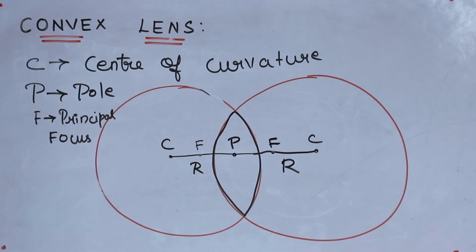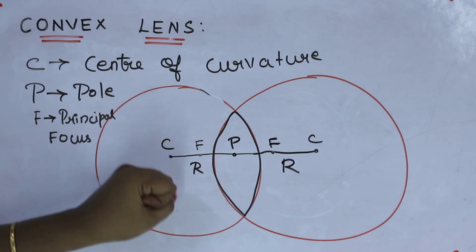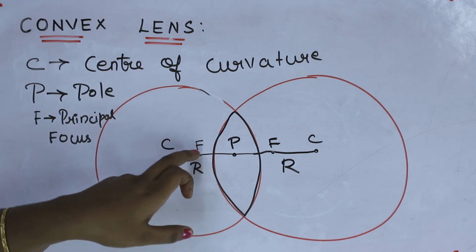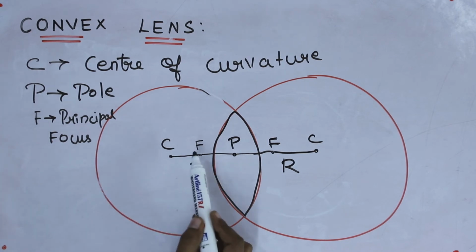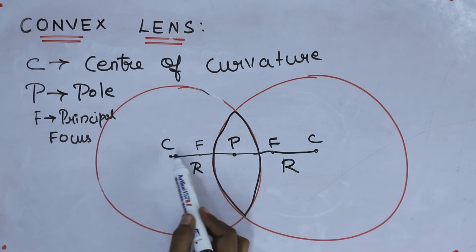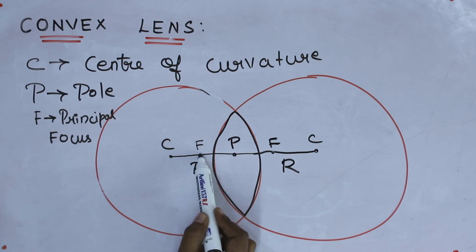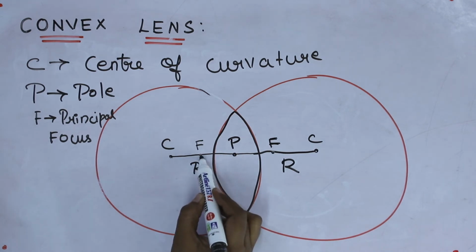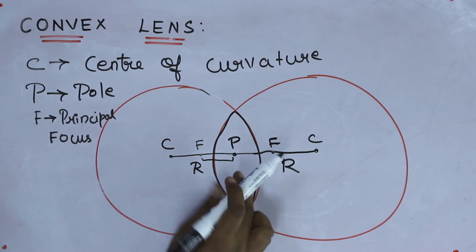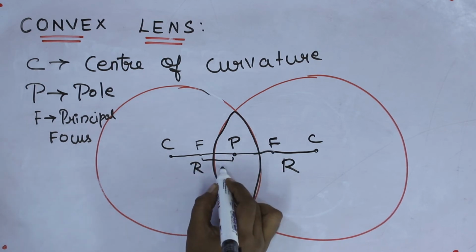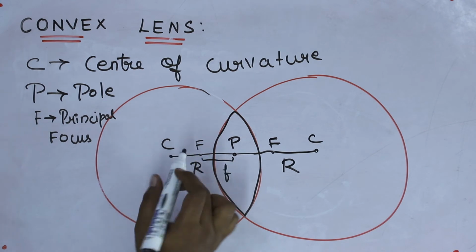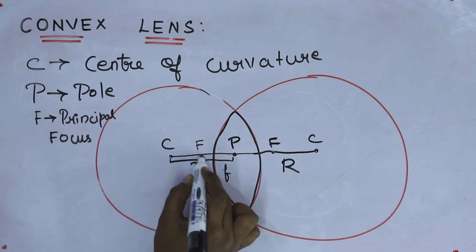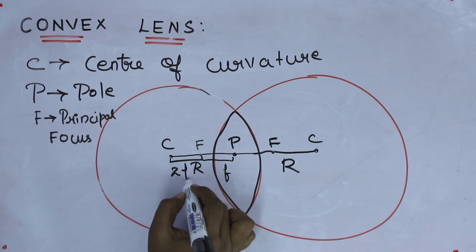What is the principal focus? We will be capturing the image at the principal focus. As I said, I am placing the midpoint between C and P. So from F to P, that length I am naming as the focal length, small f. The same distance will be there between C and F, so I am naming it as 2f.